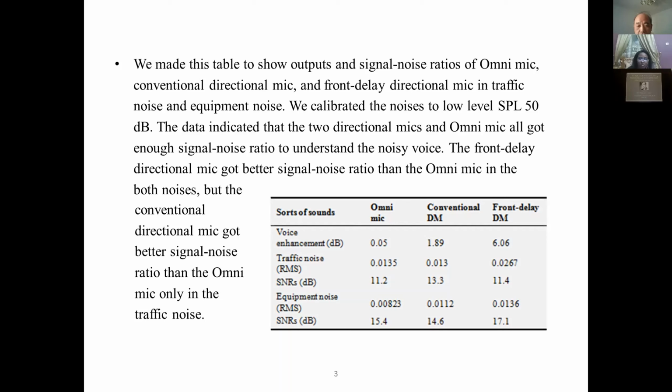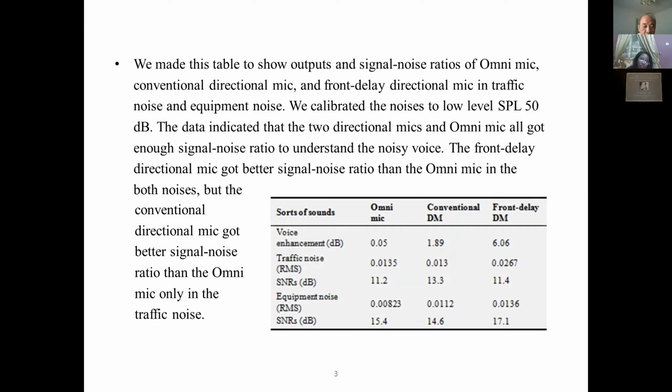You can see this table. All the signal noise ratios are more than 10 dB. That's good to understand the noisy voice. The front delay directional mic got better signal noise ratio than the omni mic in both noises.